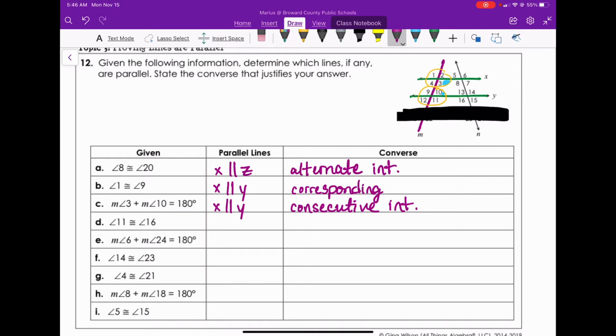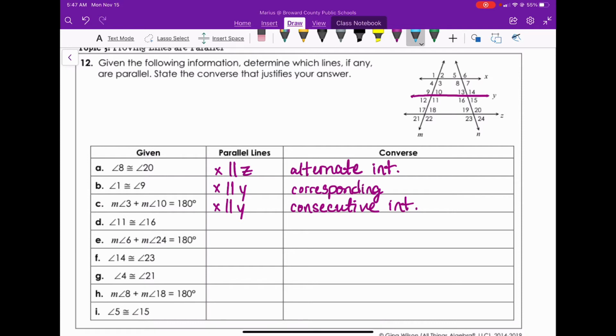Okay? Let's take a look. Next one, angle 11 and angle 16. They're both on line Y, but this says that angle 11 is congruent to angle 16, which based on this would not be true.